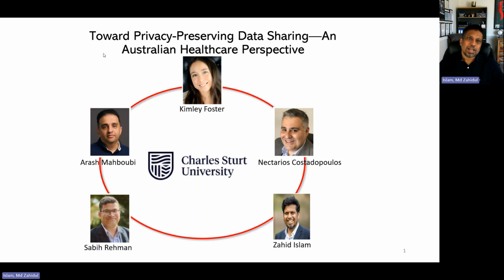this is the title of the paper, Toward Privacy Preserving Data Sharing, an Australian Healthcare Perspective. And these are the wonderful co-authors of the paper. Kimberly Foster is the main lead author of this paper. She was an honors student, and this paper is an outcome of her honors research.